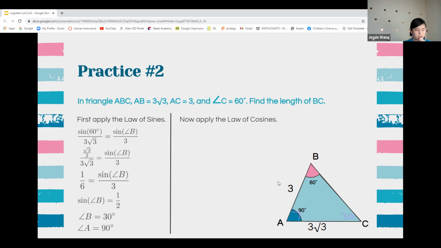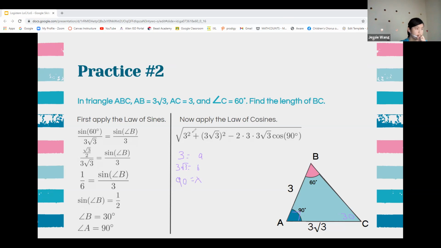Now we can apply the law of cosines to find side BC. You could also apply the law of sines, or you could recognize that this is a 30-60-90 triangle. But because I want to apply both, I'm just going to do the law of cosines right here. We set A equal to 3, B equal to 3 root 3, and the angle between them, x, equal to 90 degrees.